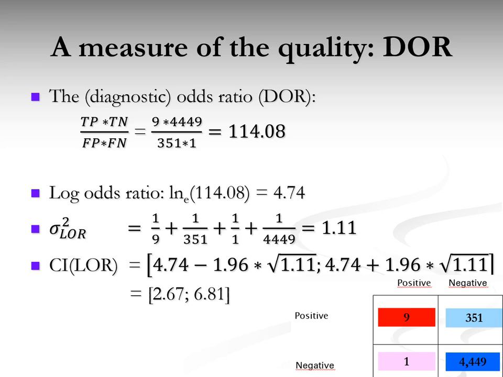This gives us a confidence interval starting from 2.67 going to 6.81. 0 is not included in the confidence interval, so again here it's clear that there is an association between the two variables, or in other words, that the screening instrument says something about being positive or not.